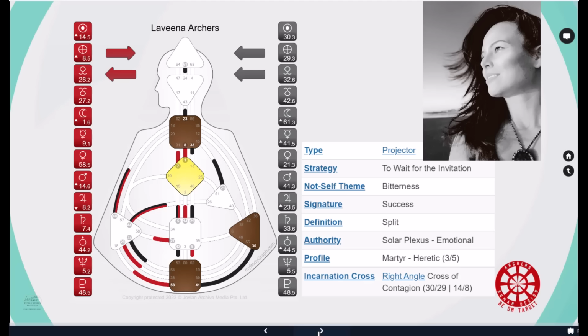You know this. Trial and error is your learning process, and embracing the discovery, finding the flaws, and then being able to stand up as a heretic, somebody who has practical solutions in times of crisis. When you feel like it's time for you to share your inspiration, that is where you can have the success of your purpose as a right angle cross of contagion.